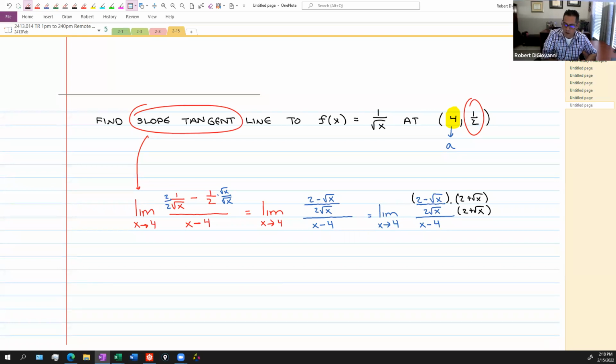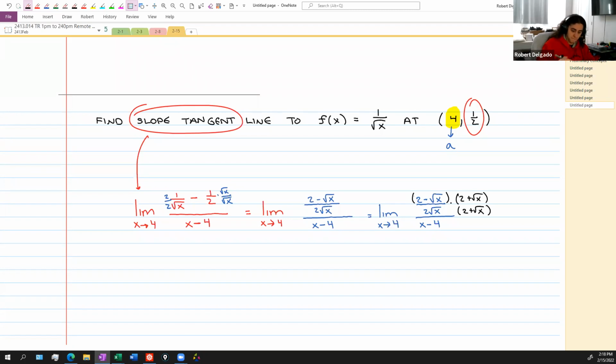Robert, how did you know to do the conjugate? Because we have 2 minus some sort of root in the numerator at the top, so we wanted to cancel it out. So you're just recognizing what we've talked about in the past, which is try to get rid of roots with conjugates. When you see roots, then conjugate.